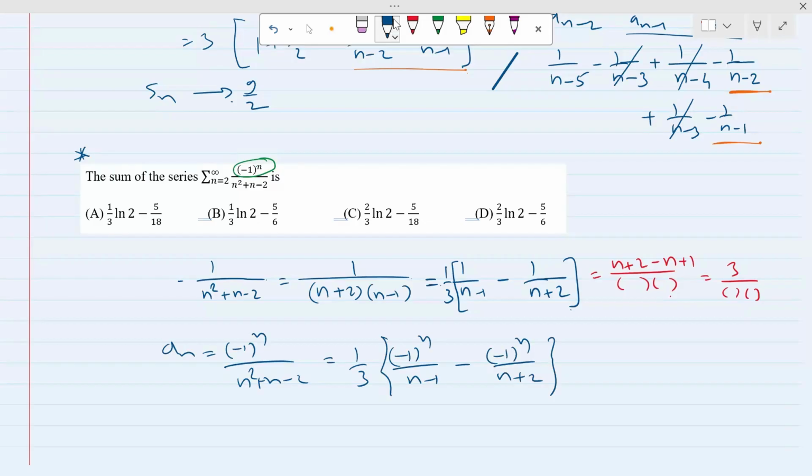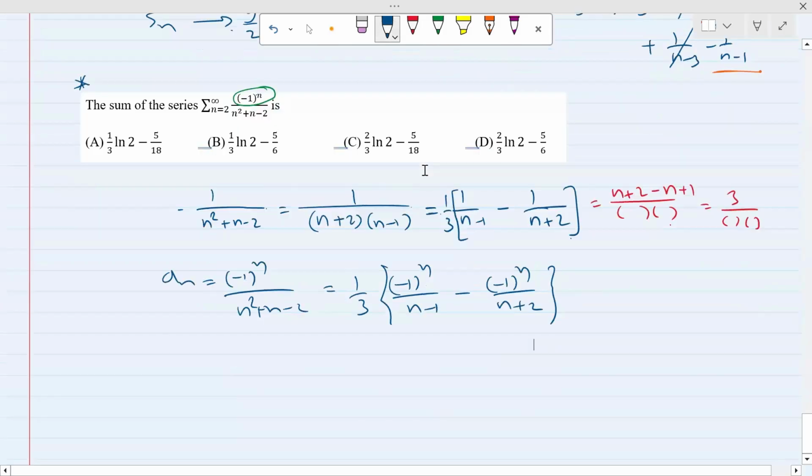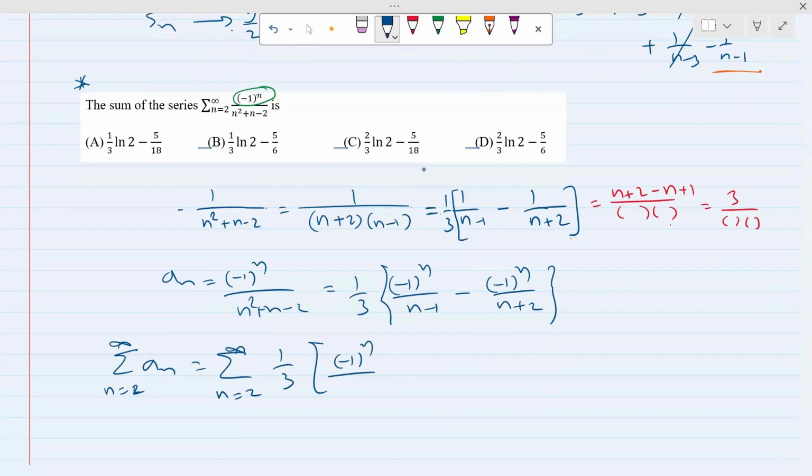Is it okay? Since we want n to run from 2 to infinity, summation n runs from 2 to infinity, an is 1 by 3 minus 1 raised to n upon n minus 1 minus.